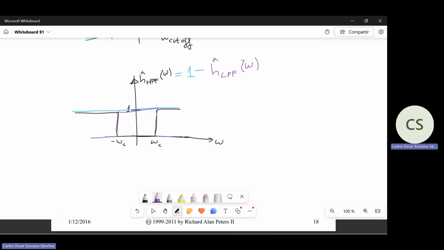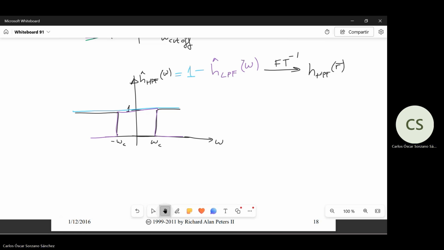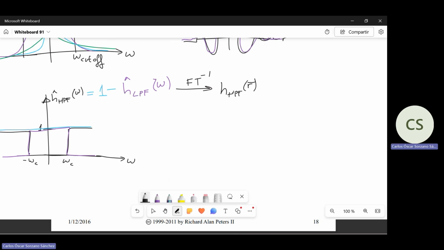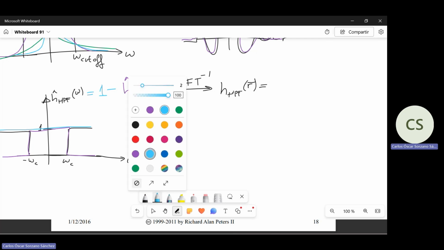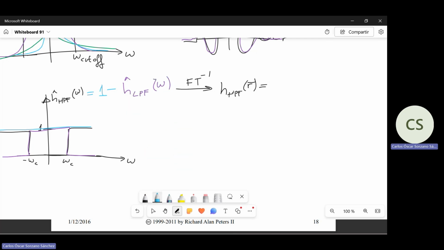And now I'll give you the inverse Fourier transform. Okay, so the impulse response of the high pass filter, now in real space, will be the inverse Fourier transform of the, let's use the same colors, the inverse Fourier transform of this is delta.